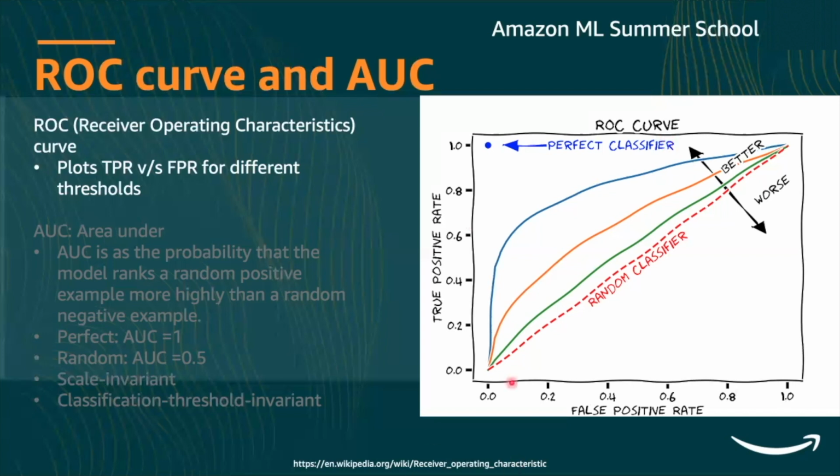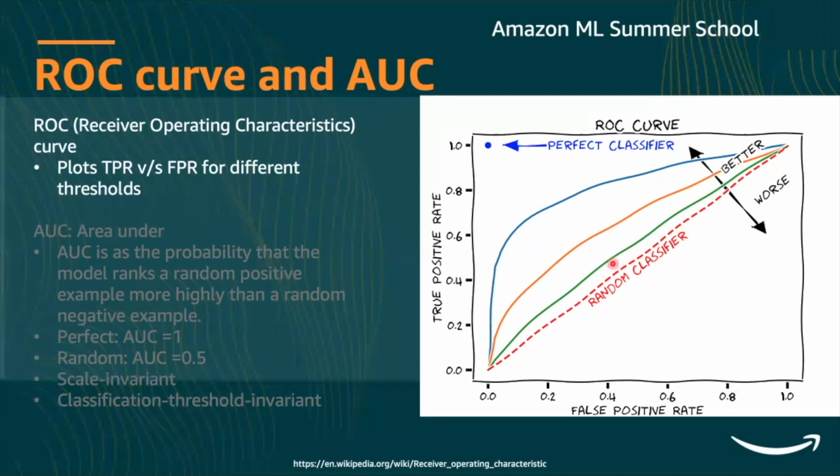The diagonal line divides the plane into two parts, and it is associated with a random classifier. Random means you toss a coin and randomly provide the output for a given problem. Anything above this random classifier is good.